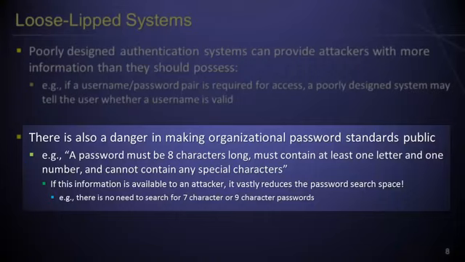Further, assume that this password standard is publicly available on the organization's website. Because this information is available to a potential attacker, it vastly reduces the amount of work that an attacker has to do in order to successfully break into the system.